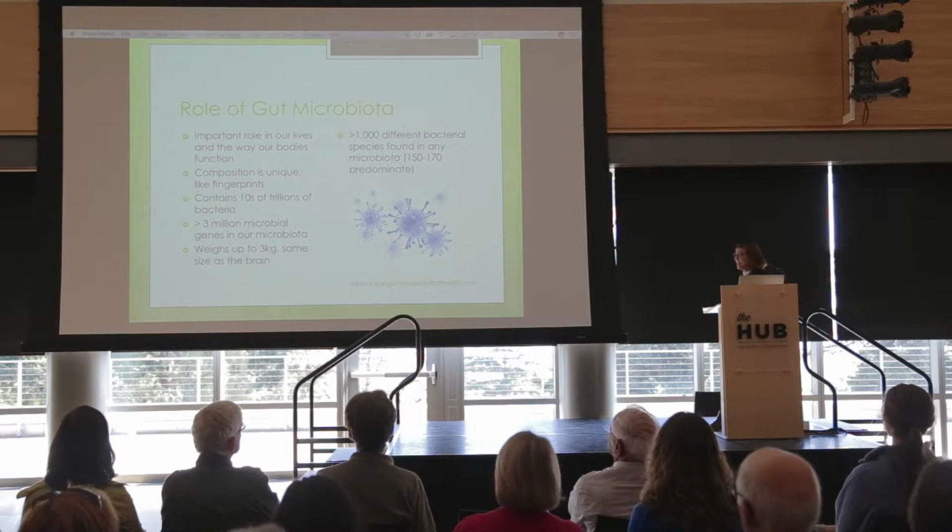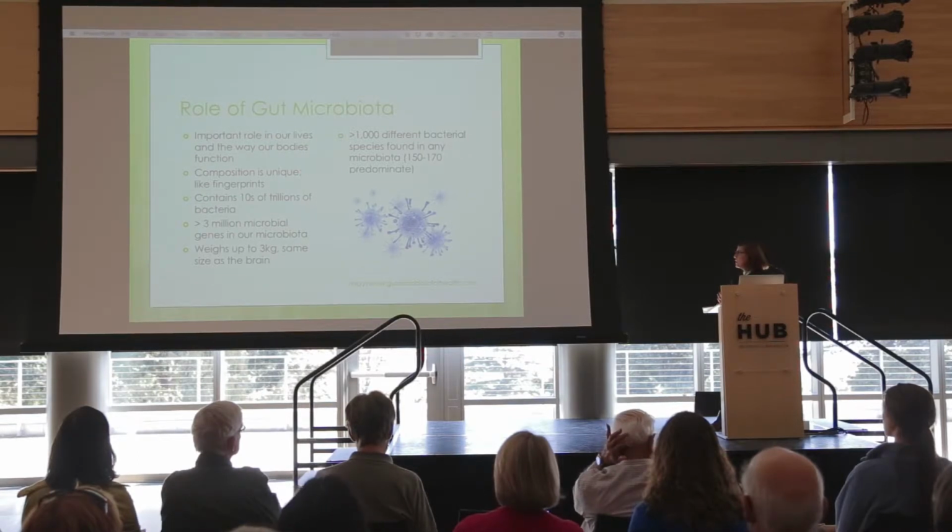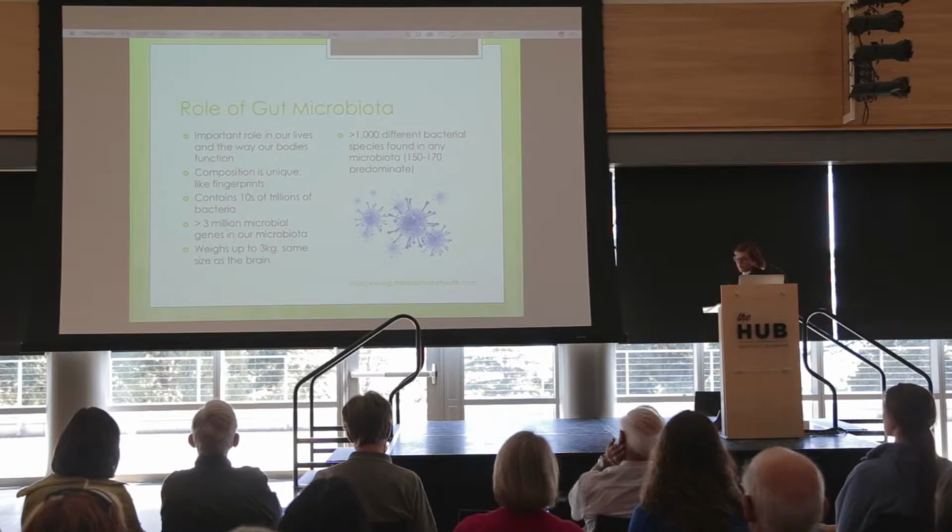The microbiota contains tens of trillions of bacteria, 10 times more than the cells in our body. There's also 3 million microbial genes in our microbiota, which is 150 times more genes than even the human genome. And in total, it can weigh up to about 3 kilograms, which is the same size as the human brain.